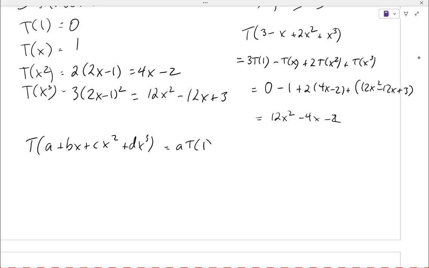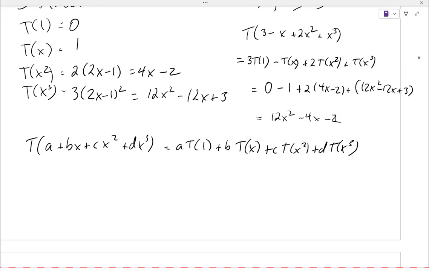Pull out the a, pull out the b, pull out the c, pull out the d, right? And get the exact same thing, right? So notice again that everything here is determined by where it sends 1, where it sends x, where it sends x squared, where it sends x cubed.